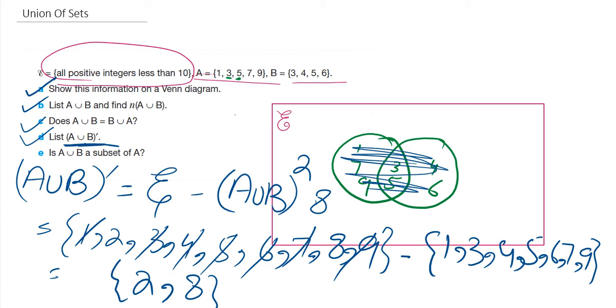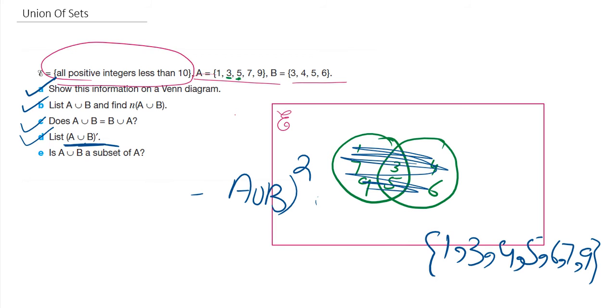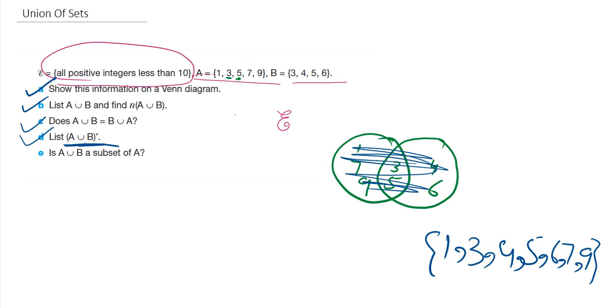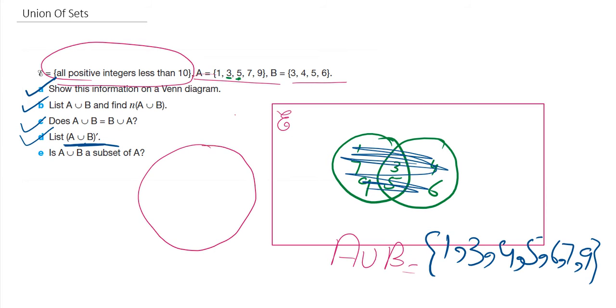Alright, so in the last part we have to see whether A union B is a subset of A or not. So we have this set A union B over here, and we have to see if it is a subset of A or not.